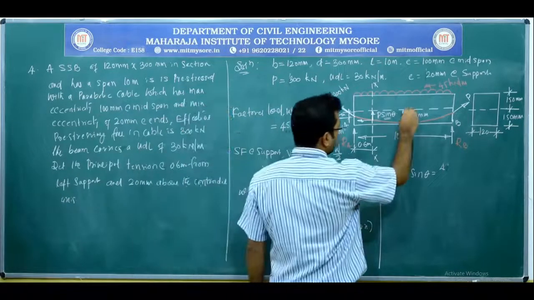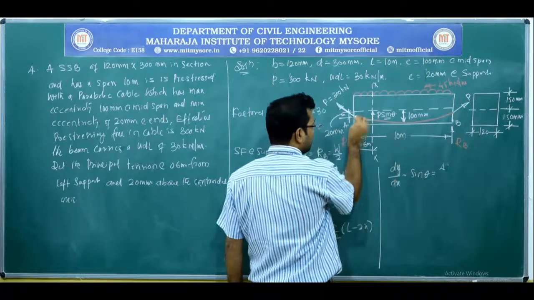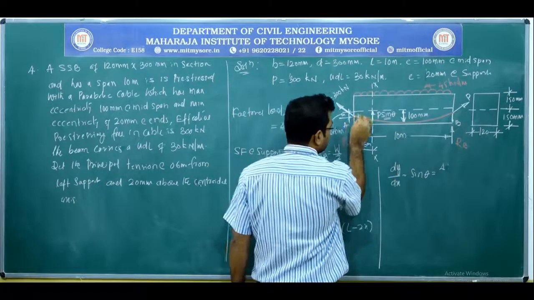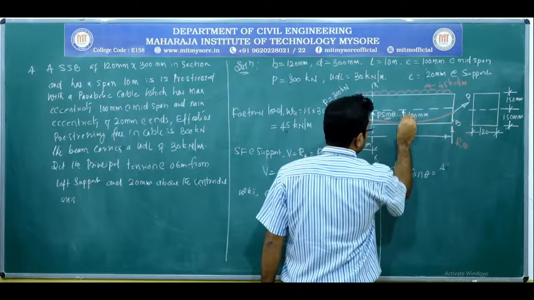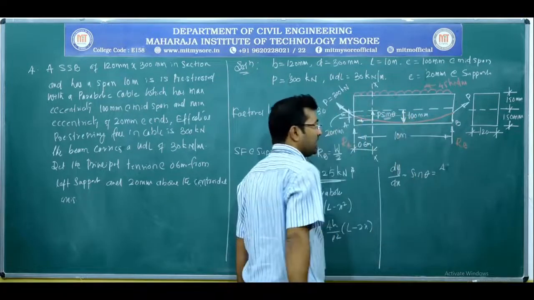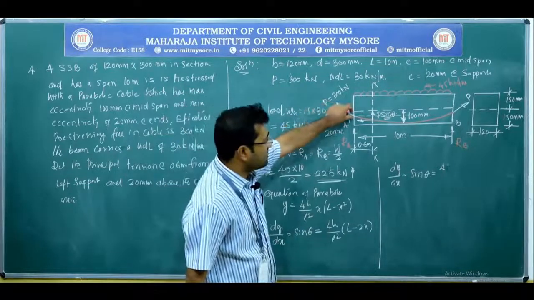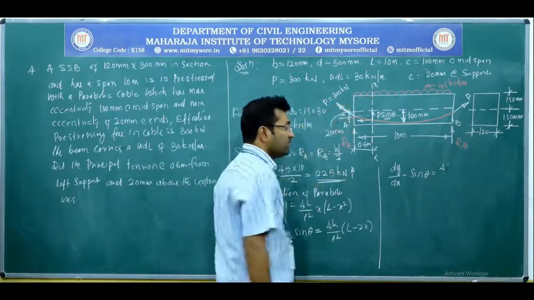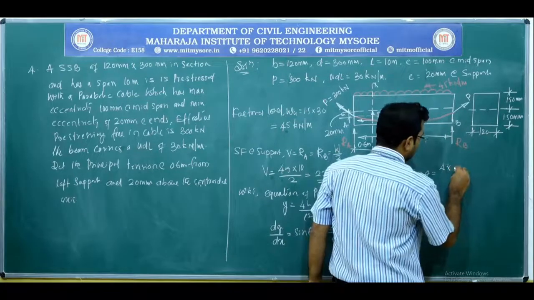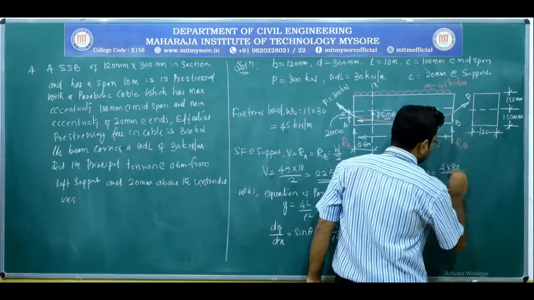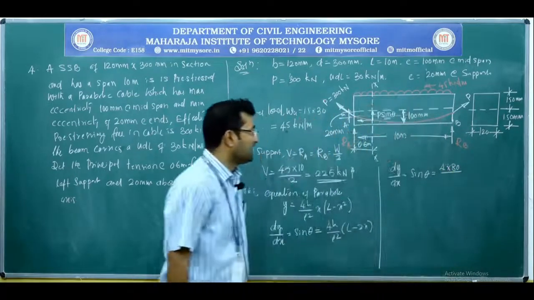So here, the tip of the cable at the middle span is 100 minus 20, because here the eccentricity at the end is 20. So it will be 100 minus 20, that is 80 millimeter, divided by span.